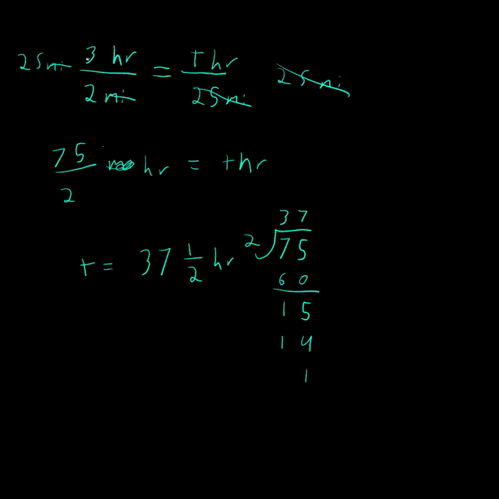So if it takes 3 hours to go 2 miles, it'll take 37.5 hours to go 25 miles.